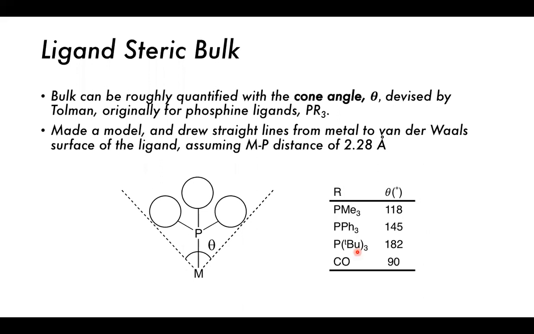You could do stability constants and whatnot for this as well. And then carbonyl is just given as an indicator of a ligand which is quite small. Its Tolman angle is around 90 degrees, so it's very easy to fit around a metal.